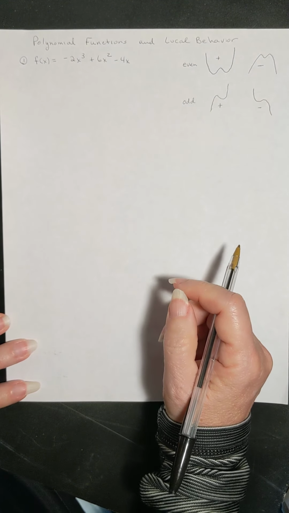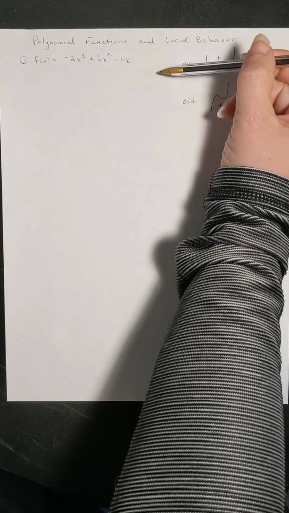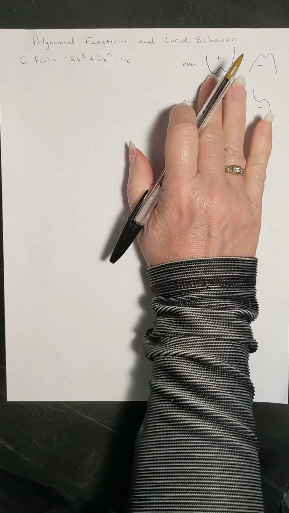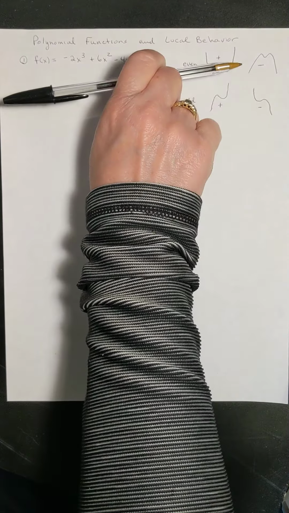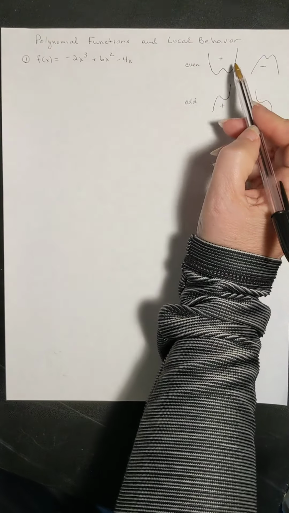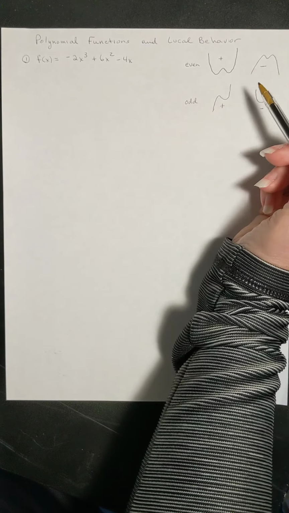All right, also notice that we talked about the end behavior. When I'm going to the left, let's look at just this function. This one's going up, it's going positive. So as I go to the left, or towards negative infinity, this one goes towards infinity. As I go to the right, or towards positive infinity, this one goes to infinity.